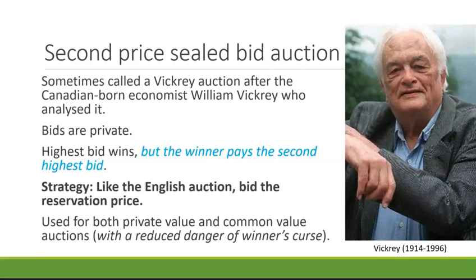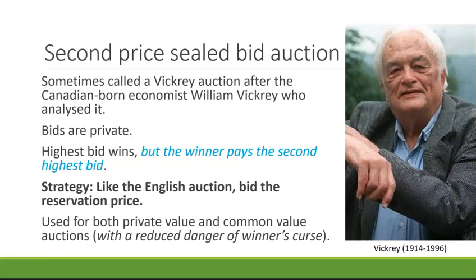You've overestimated its future market value, and in that case, you're running the risk of paying too much. So in this case, the price that you end up paying is the valuation that the second highest bidder places upon it. So that reduces the danger of you paying too much.